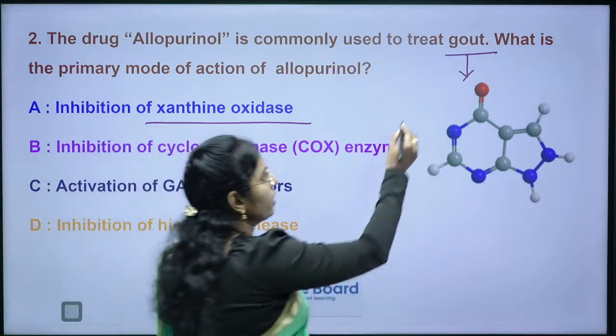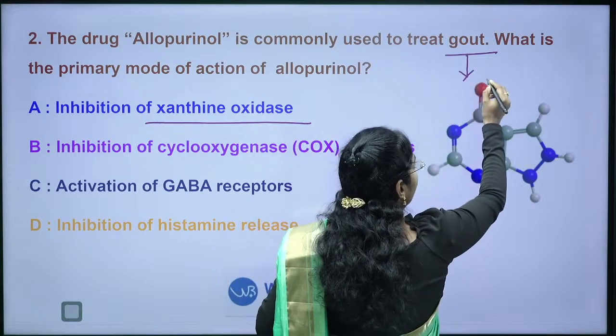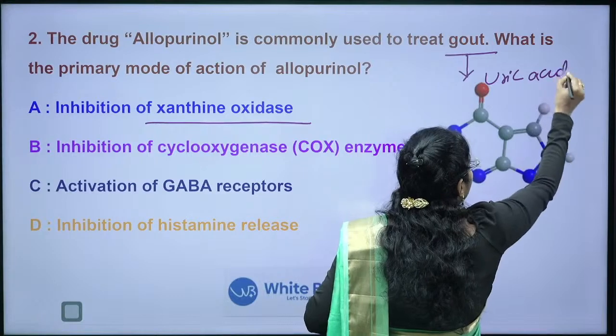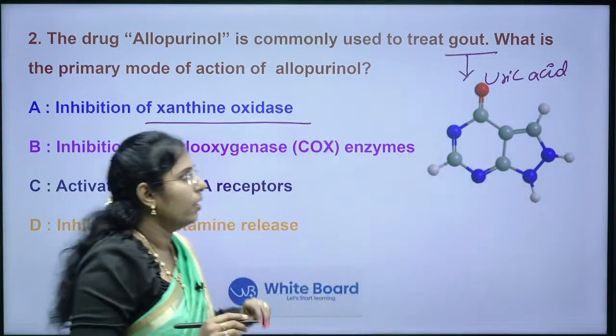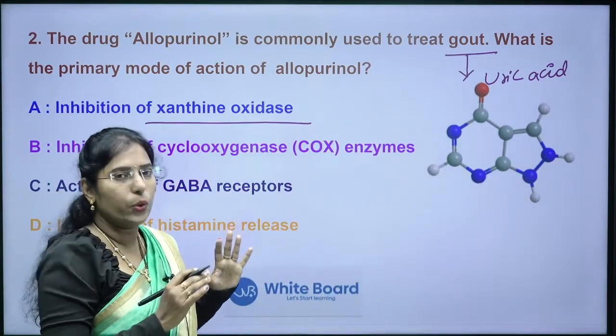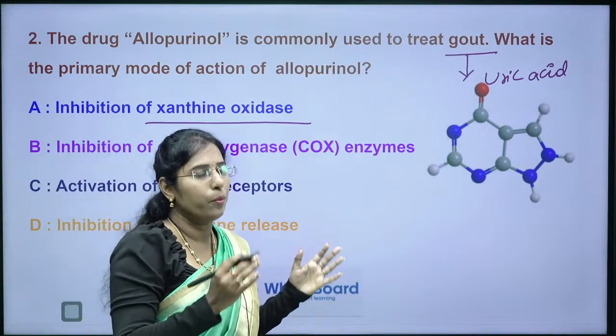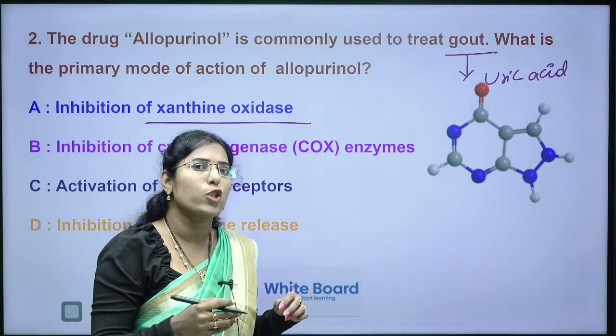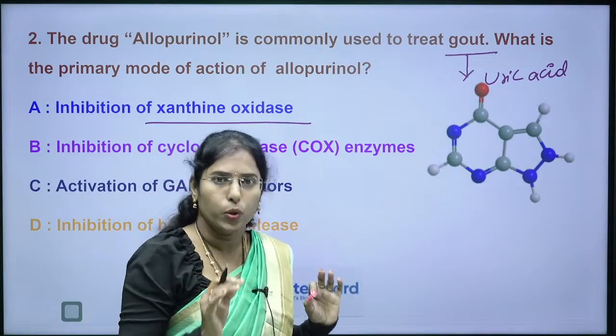Gout is a condition where uric acid gets deposited in the joints. So let us see what this uric acid is. Uric acid is a waste product that has to be eliminated out of the body through urine.